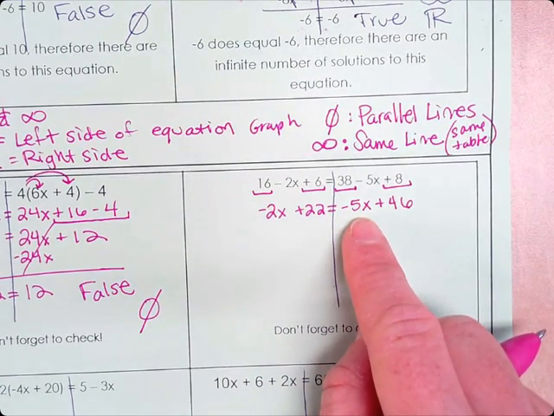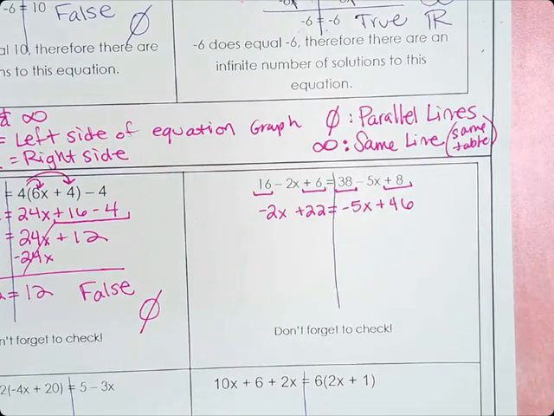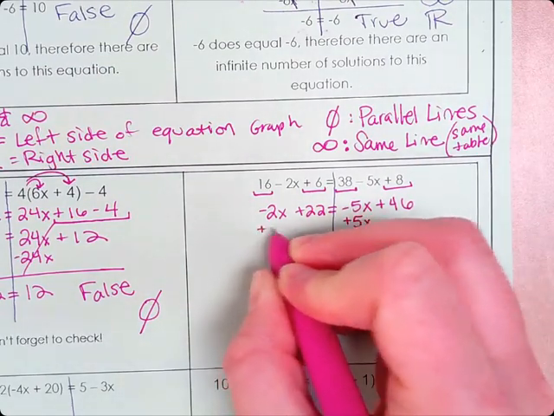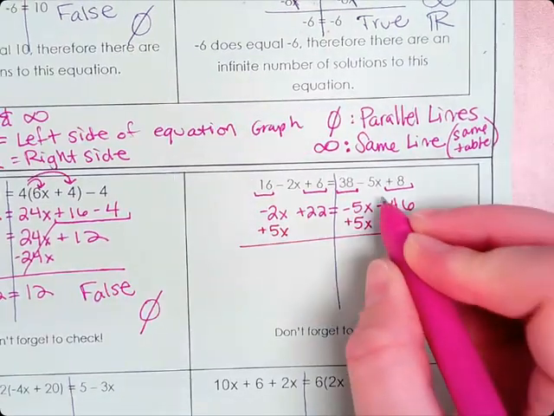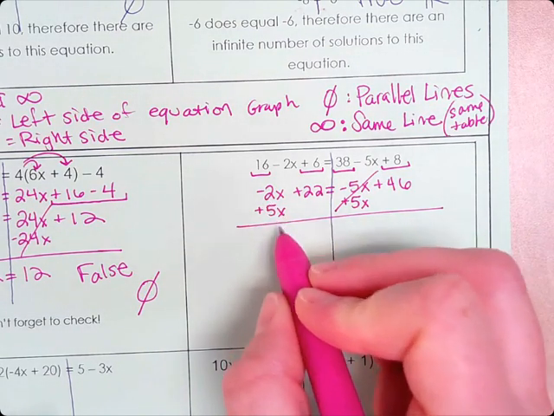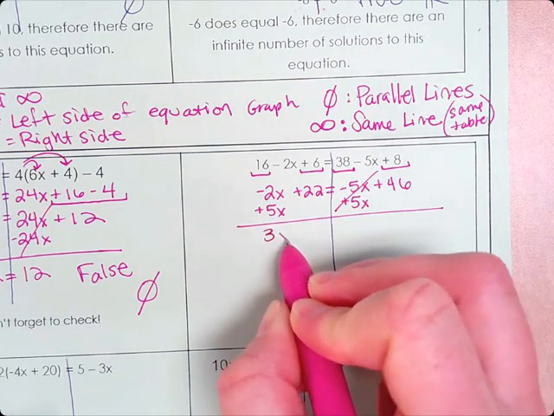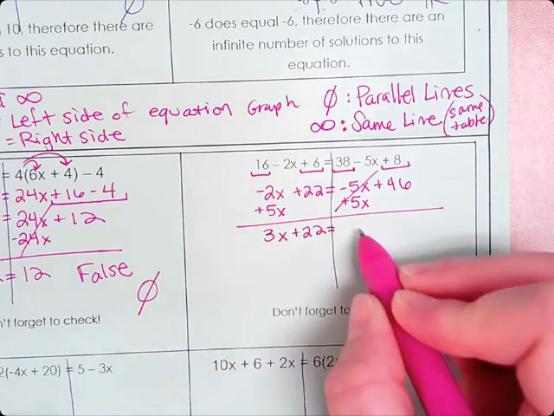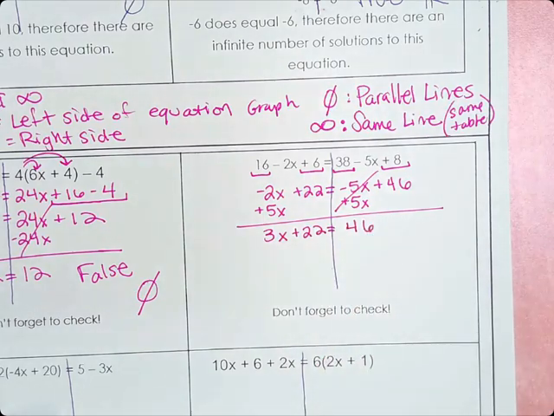I want to move the smaller x. So which one's smaller? Negative 5x. So plus 5x to both sides. So negative 2 plus 5 is 3x plus 22 equals 46.